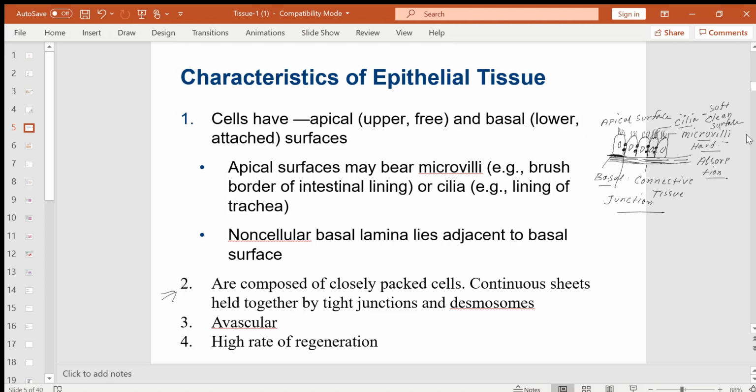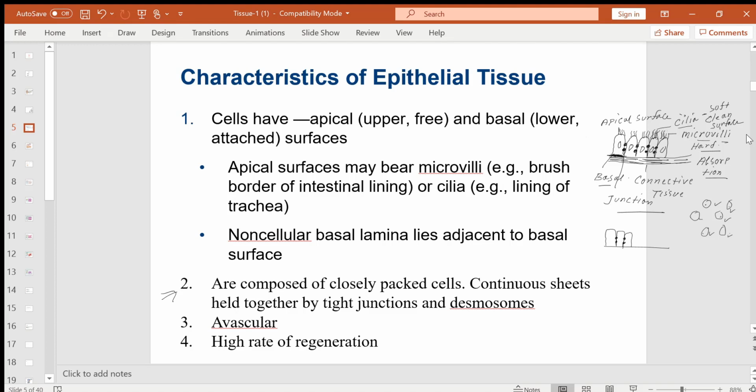If you see the connective tissue, in most cases you will see the cells are not attached to each other. They are separated like this. So these are the cells and they are not attached to each other. But in the case of epithelial, you remember I always drew it like this. That means the cells are packed together, attached to each other by special junctions called the intercellular junctions. So it is not easy to separate the cells.